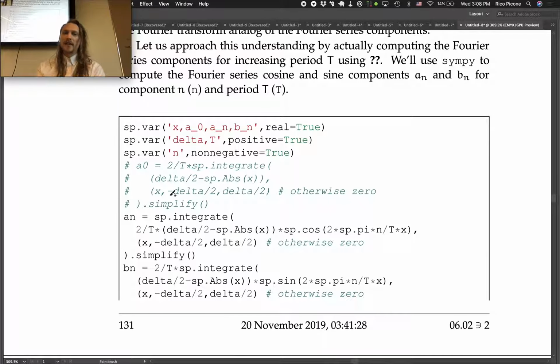So this was a0 separately, but you can just do a0 using the same formula, so I just commented this out. I define some SymPy variables, and I tell SymPy if they're real variables, positive or non-negative. Real can be negative, 0, or positive. SymPy will simplify based on what it knows those symbolic variables are.